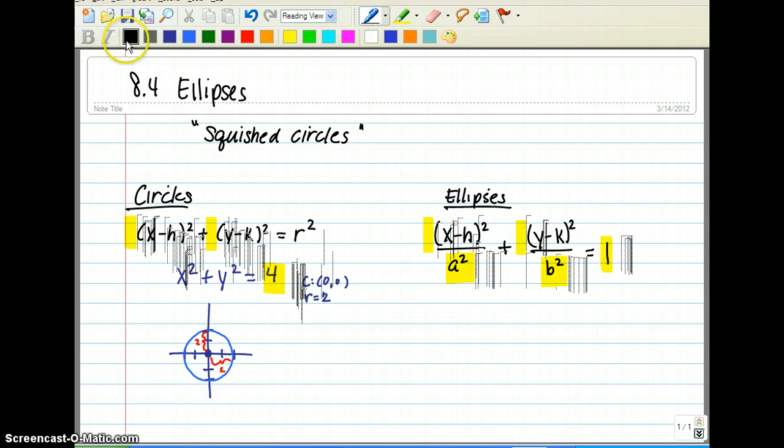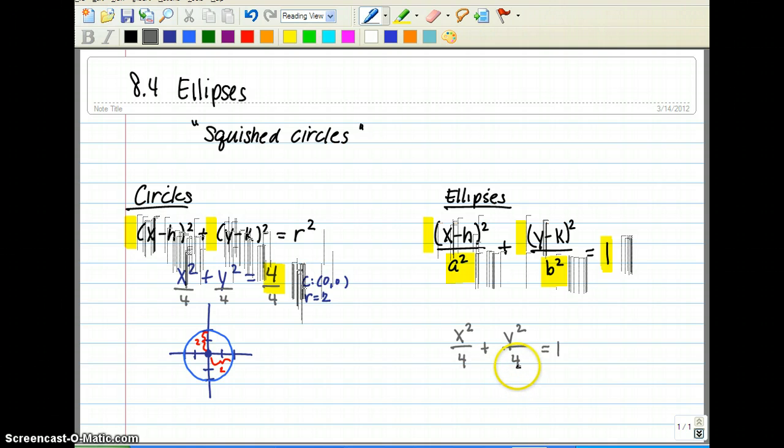Now when we were working on circle problems, we would occasionally have some coefficient when we completed the square, maybe 2x squared. Oh, let's do it this way. Let's use that same example. If you divided everything in this problem by 4, you would get x squared over 4 plus y squared over 4 equals 1, which would look like it's supposed to be an ellipse.